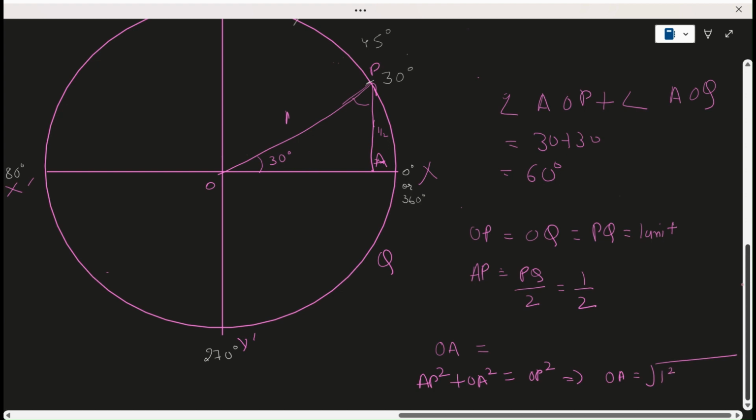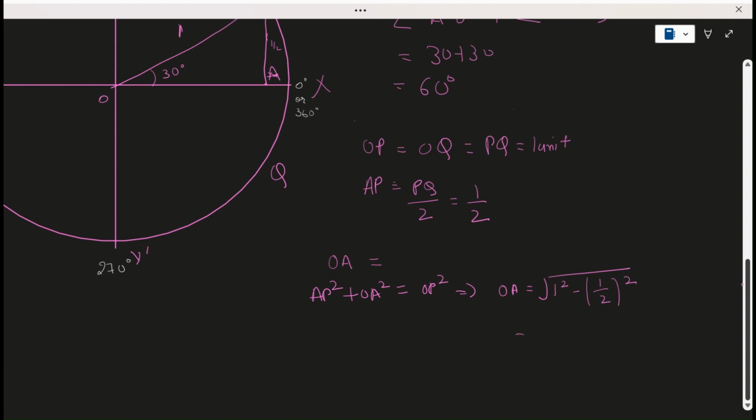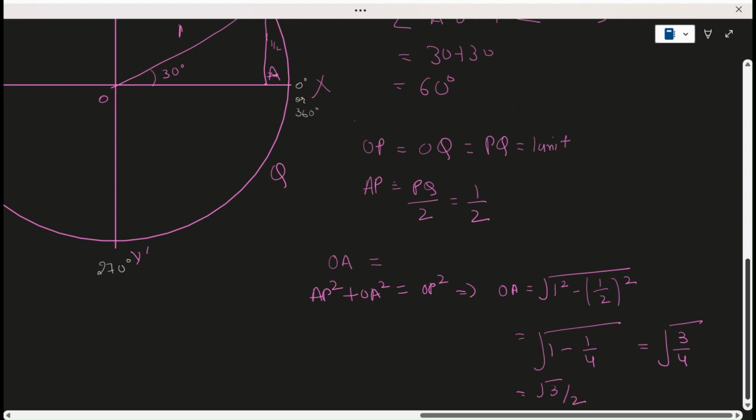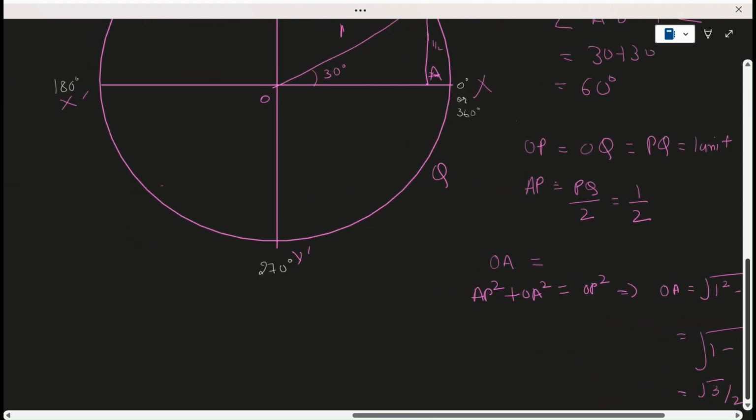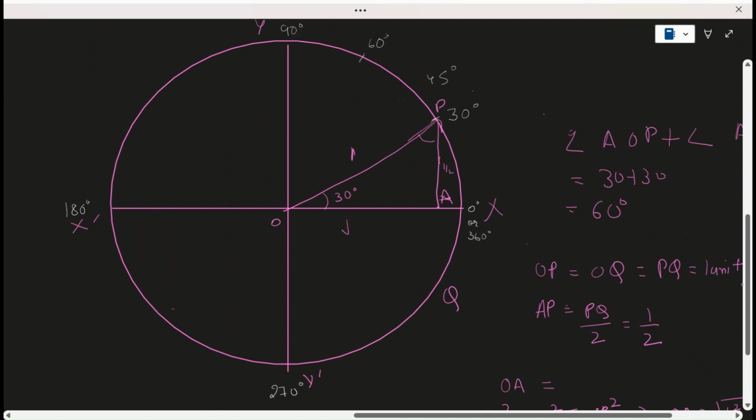That will be 1 square minus the value of AP, that is 1 by 2 squared. So we get here 1 minus 1 by 4. This is under root 3 by 4, and this is under root 3 by 2. We get this value as under root 3 by 2.